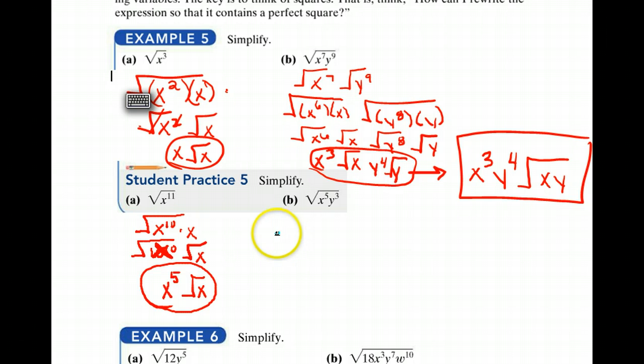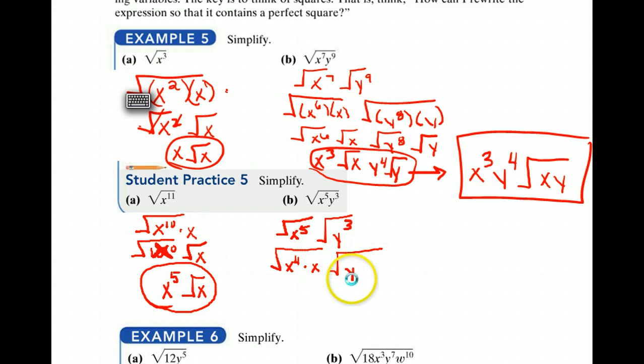For letter B, we're going to start by splitting this up and have x to the 5th, y cubed. Next step, subtract 1 and split it up. So we have x to the 4th times x, and then we have y squared times y. We can divide by 2 to simplify, so we can go ahead and take care of that right now. 4 divided by 2 gives us 2.